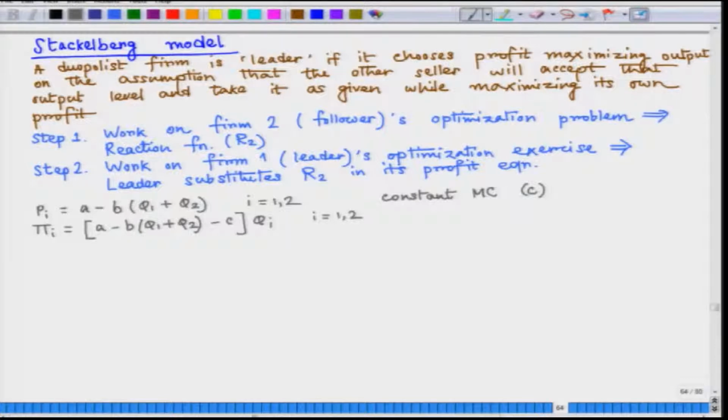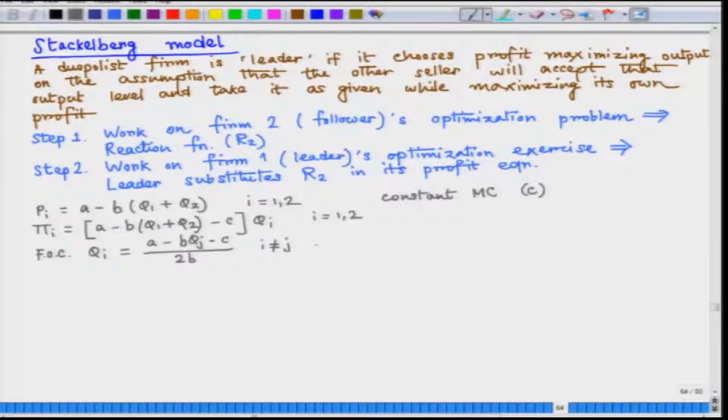Okay. So, now we know how to proceed with this problem. We have to find out the reaction functions, right, and that will come from the first order conditions. So, let me work with the first order condition first for both the firms, and it will look like (A - B Qj - C) divided by 2B, and here I assume that i is not equal to j, right.